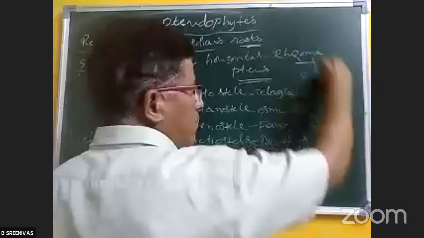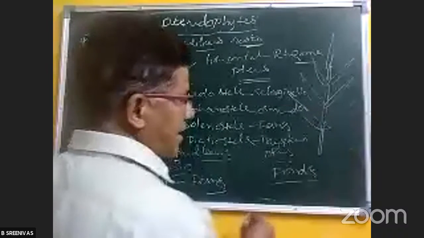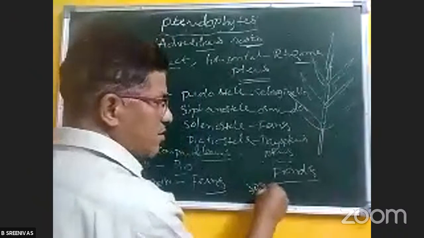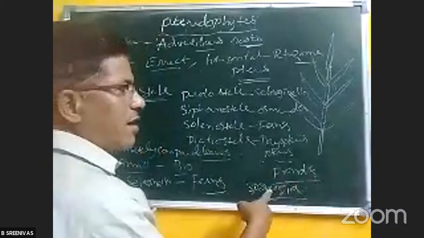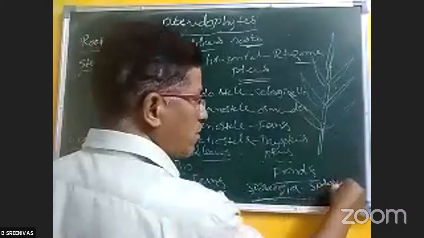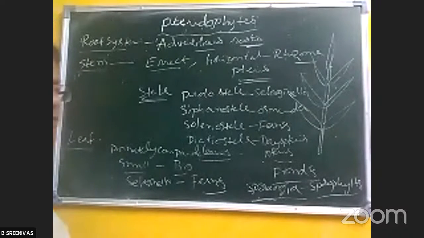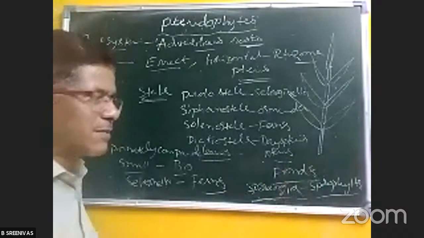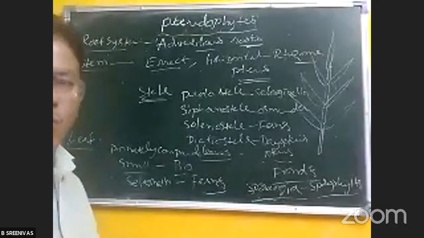In the ferns, the leaves are called fronds, and these leaves bearing sporangia are present. The sporangia-bearing leaves are called sporophylls. Understand? What type of leaves are present in the pteridophytes? Spore-bearing leaves, so they are called sporophylls.